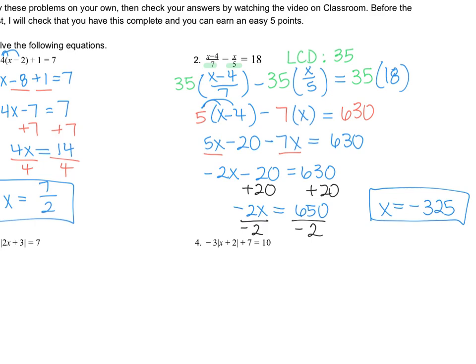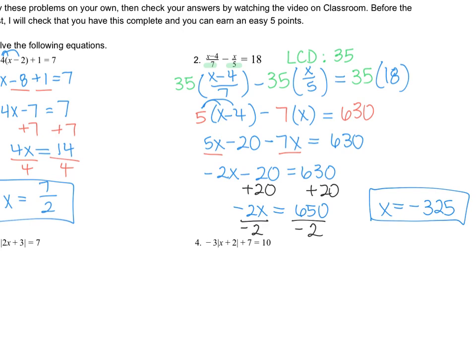So even though x is a very large number, when I check it into my original equation, I do negative 325 minus 4, and then I divide by 7. So negative 325 minus 4 is negative 329. Divided by 7 gives me negative 47. And then when I do negative 325 divided by 5, I get negative 65.